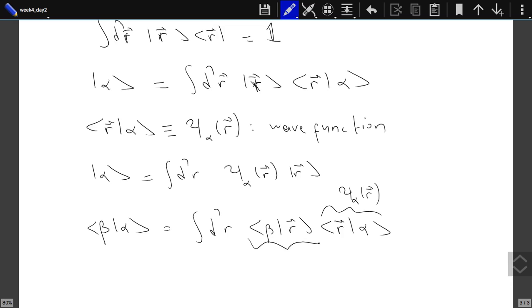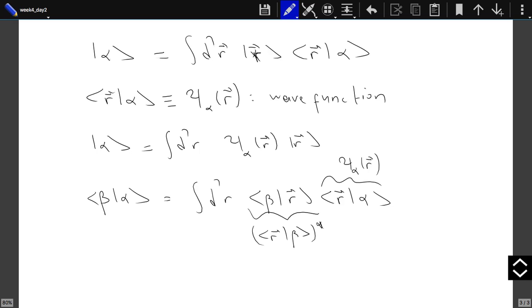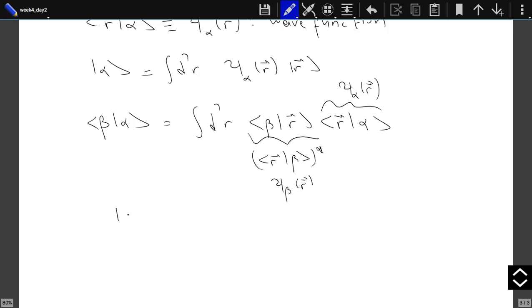If you look at this number, this inner product is nothing but <r|beta> conjugate. But that inner product is what we would call the wave function of the ket beta at the point r. So <alpha|beta> is equal to the integral d cubed r of psi beta of r star conjugate times psi alpha of r.